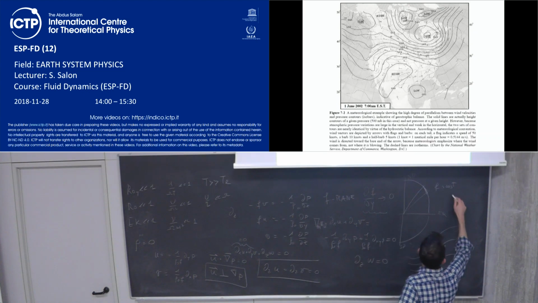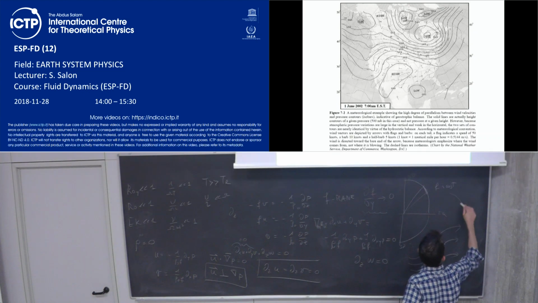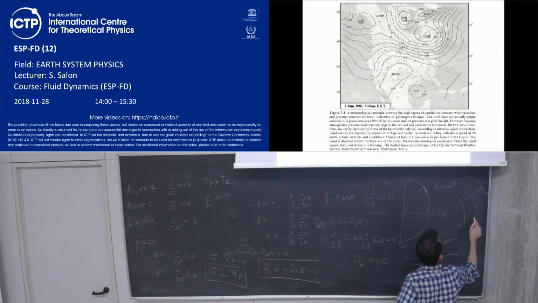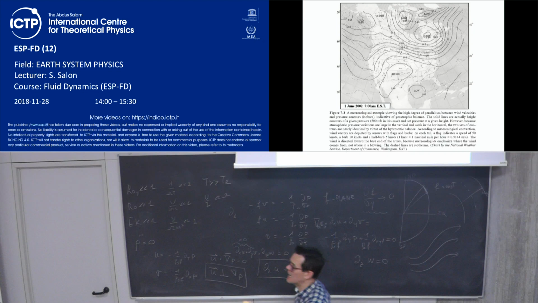So it means that if this is the surface, this is 10 kilometers, we are looking here, okay? So it's at the middle of the troposphere, which is quite far from the top and the bottom boundaries. So the Ekman number is smaller than 1, is 0. Okay, we can consider it as homogeneous. It's a little bit strong, but we can do it.